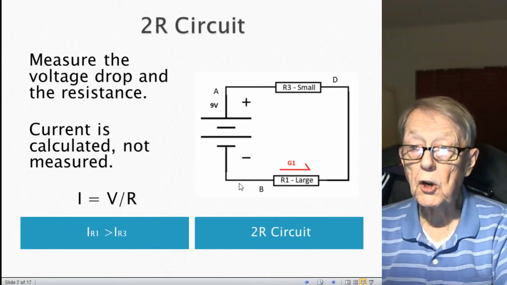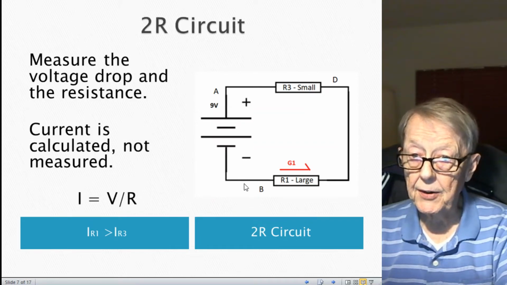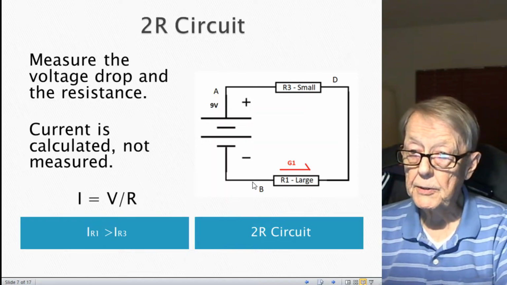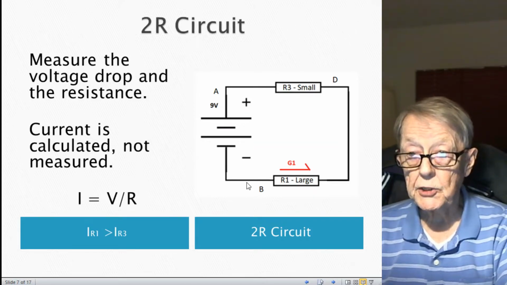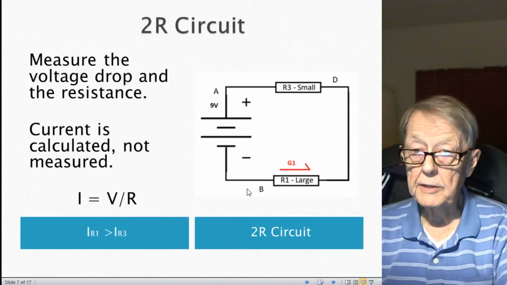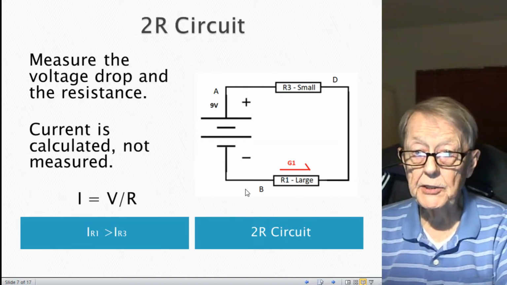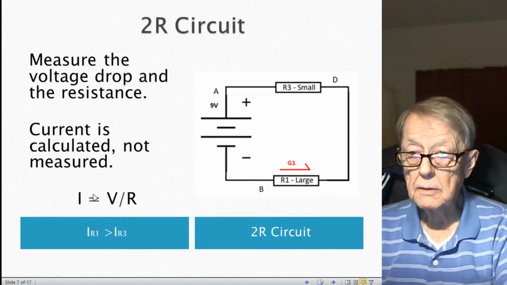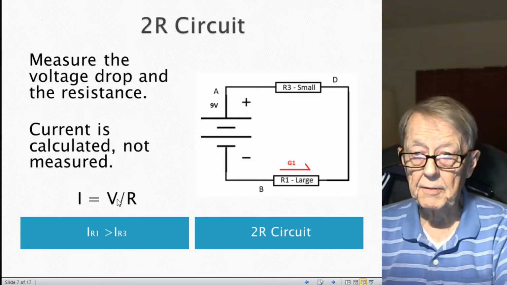Even if you use a current meter, what it does is you insert in series a shunt resistor, and the current meter reads the voltage across the shunt resistor, and it knows what the shunt resistor is. So it takes the voltage measurement, divides it by the shunt resistor, and displays the current. The meter does the calculation. So current is not real. I've mentioned this in another video. Current's not real. It's a calculated value.